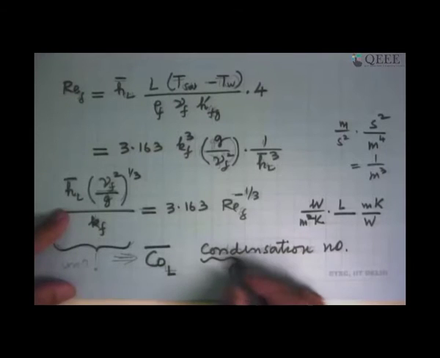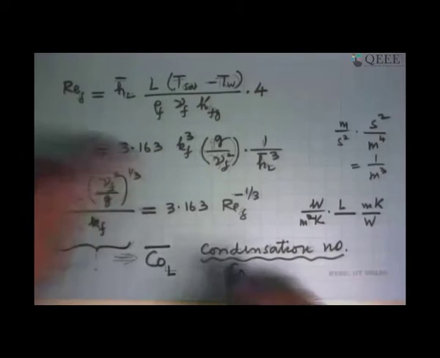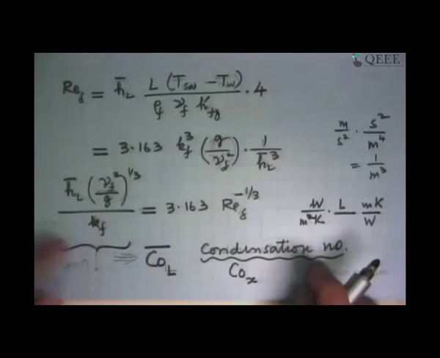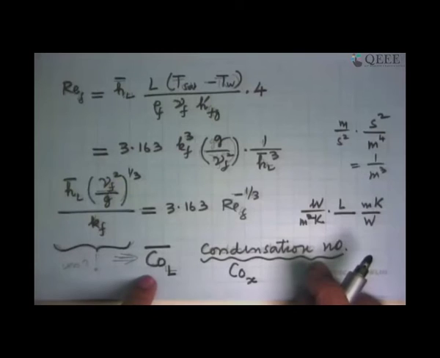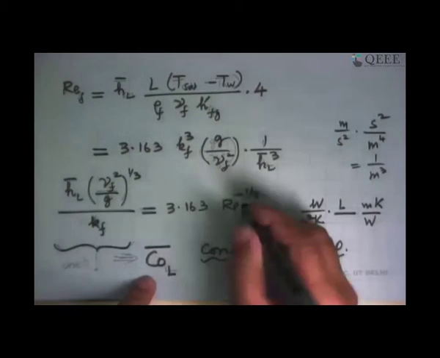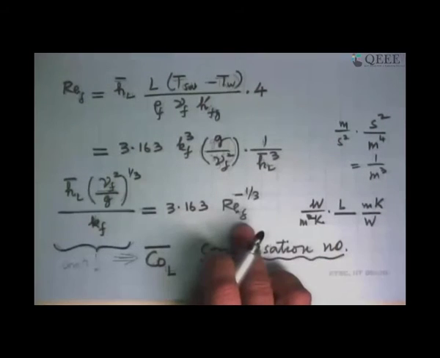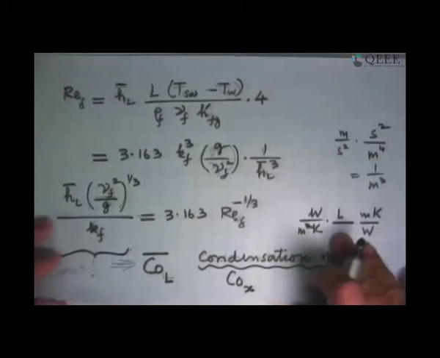So here is a new thing that came out. We are defining this term as the condensation number, and what we have done is, alpha f is a fluid property, kinematic viscosity is a fluid property, g is a constant. So we normalized it on certain things that we already have and came up with a non-dimensional number which nicely relates it to the Reynolds number. And that's what we were looking for.